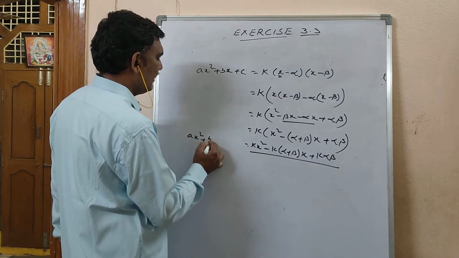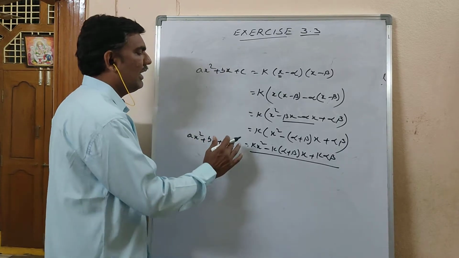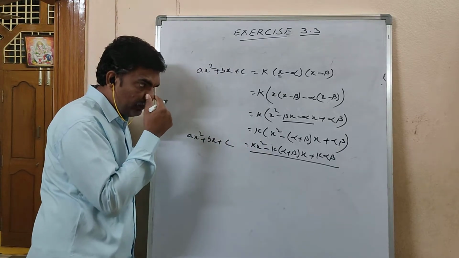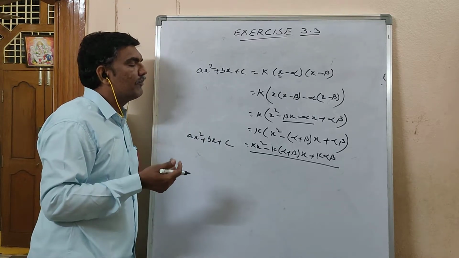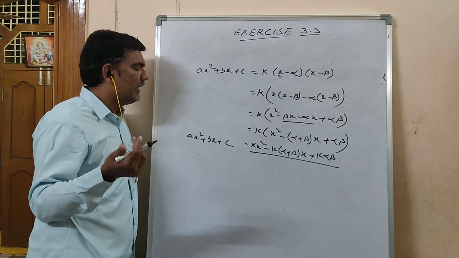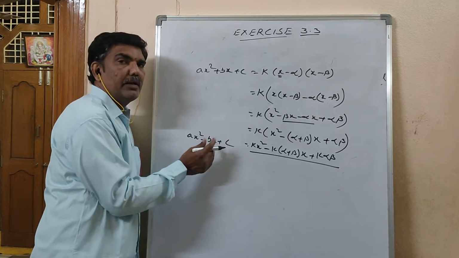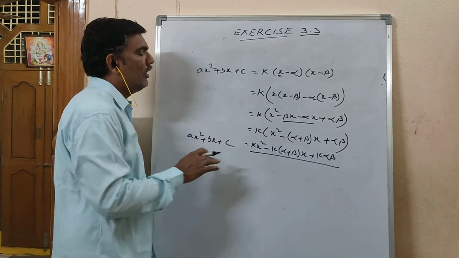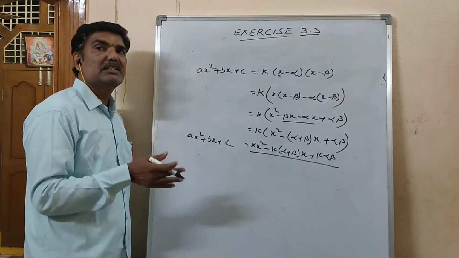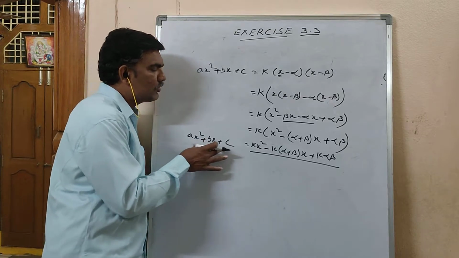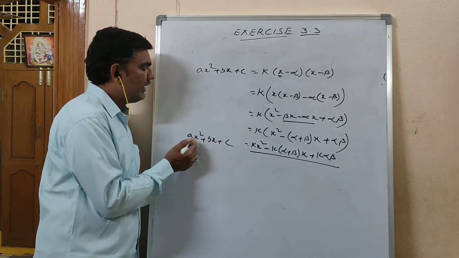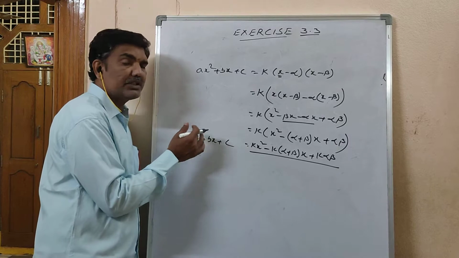Ax square plus bx plus c, and kx square minus k into alpha plus beta into x plus k into alpha beta are equal. Now what you have to understand is, what are a, b, c? Coefficients of the quadratic polynomial. What are alpha, beta? Zeros of the quadratic polynomial. These two are equal, means you can equate their coefficients.